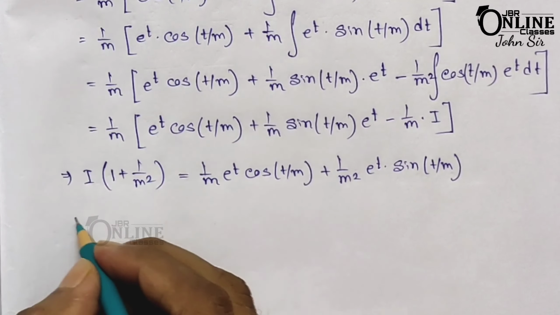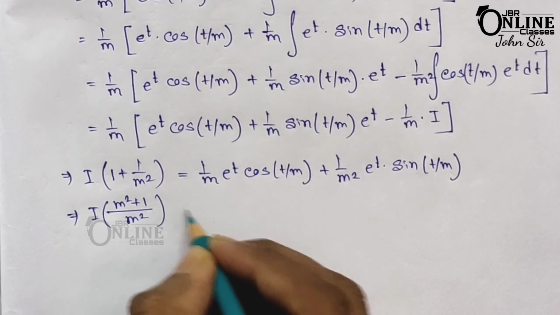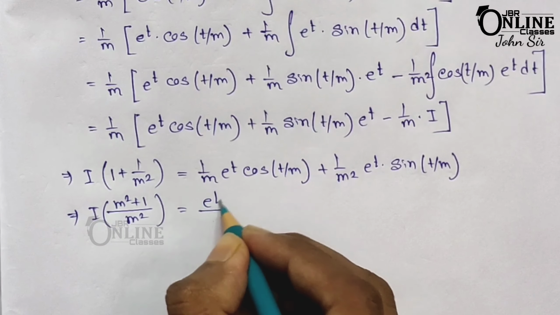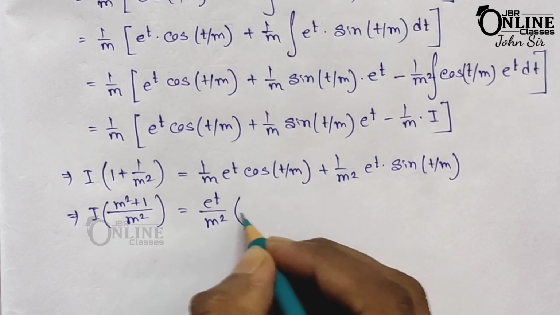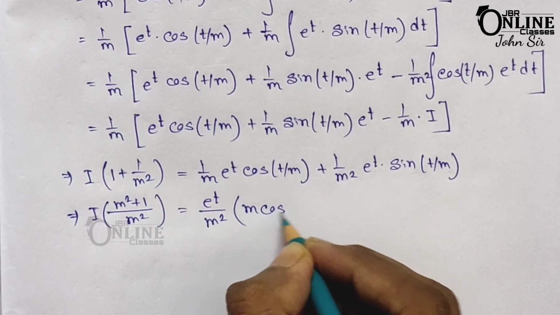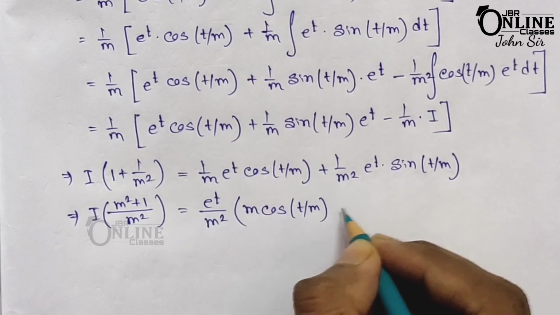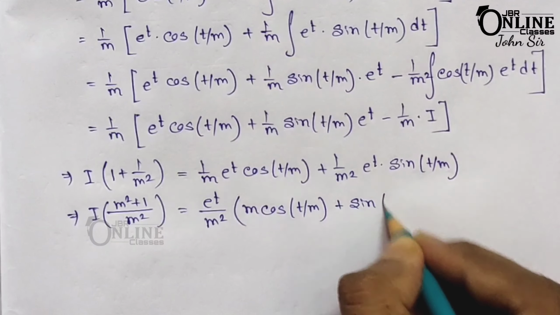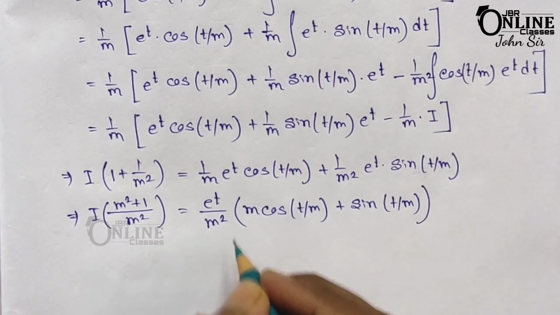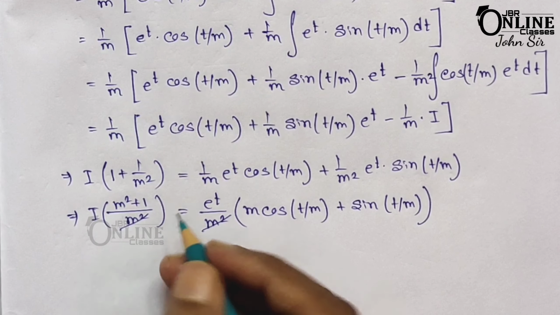Now next, so in the left hand side you have m square plus 1 by m square, and if you take common here e to the power t m square, so it will be m cos t by m plus sin t by m, then m square cancels out.